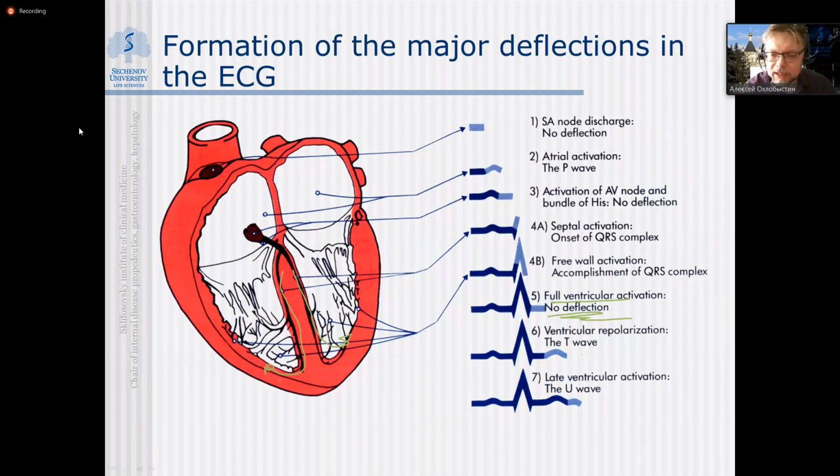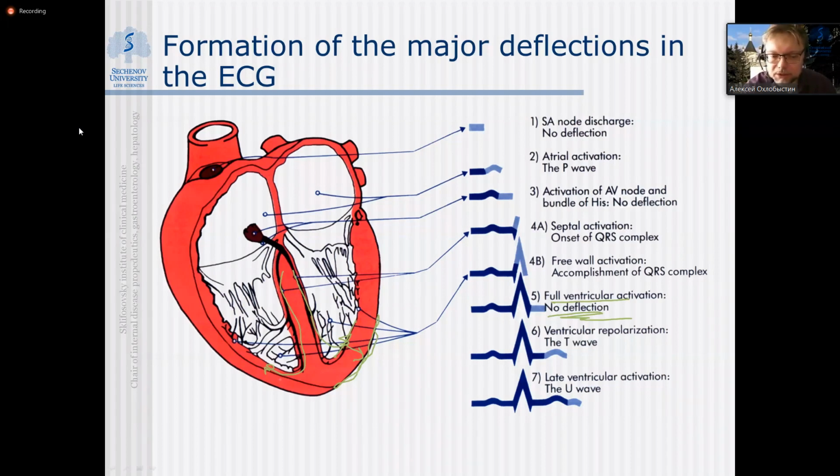Repolarization of ventricles will first of all go in the opposite direction. If activation starts from the endocardium, the last activated layer in the myocardium will be the epicardium. The less activated layer, subepicardial, will be repolarized first.